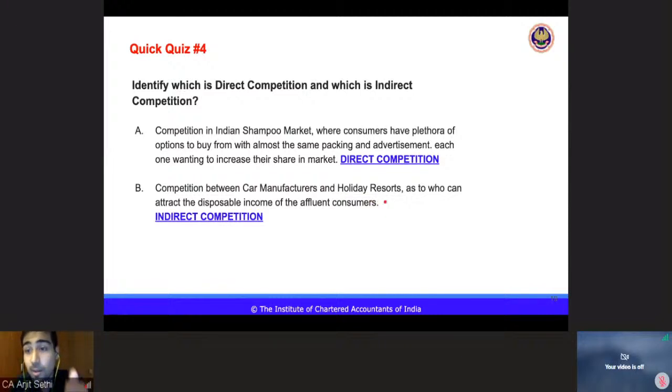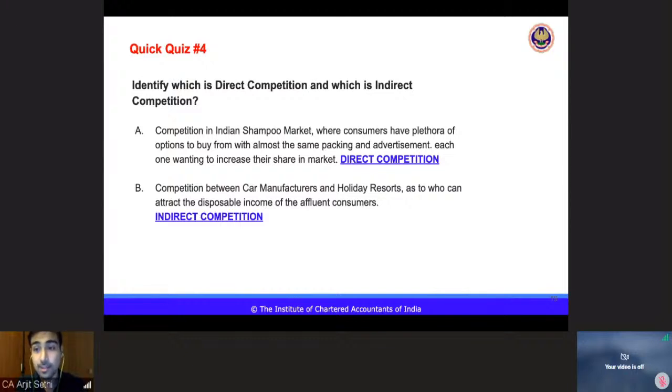So how are they competing? They're competing for the disposable money of the customer, as to who can attract the disposable income of the affluent customer. Disposable income means the part of income which the customer is willing to spend, right?